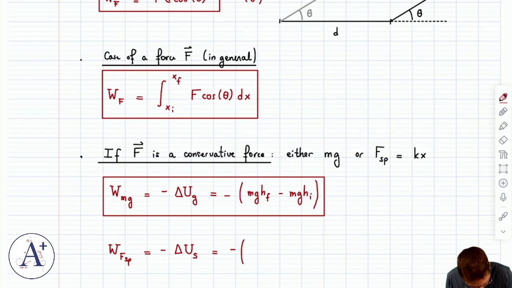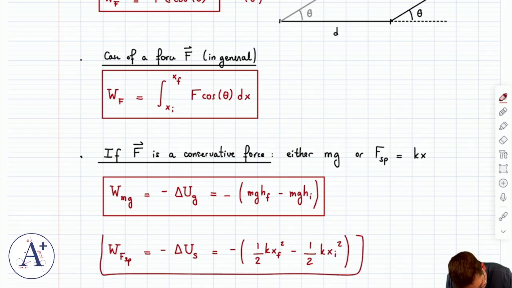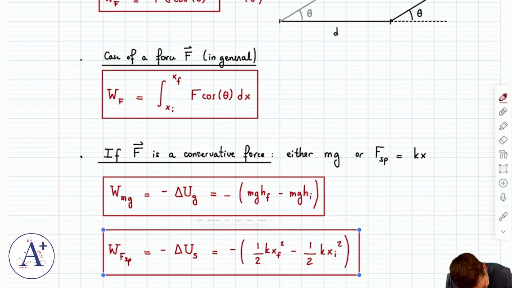And so minus the change in that potential energy is going to be the work done by the spring force. That's going to be 1/2 k x final squared minus 1/2 k x initial squared.